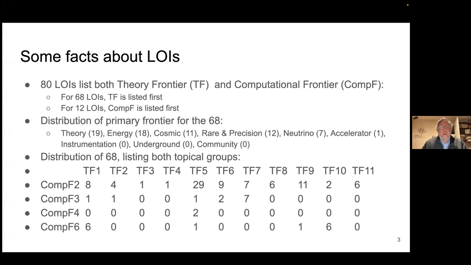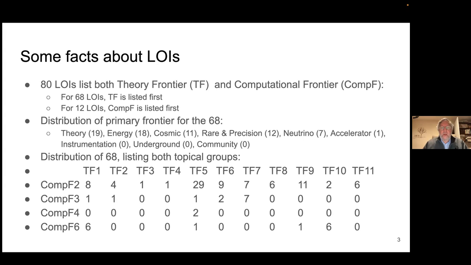So F2 is the theoretical calculations and simulations, and you see the biggest overlap there is TF5, which is lattice field theory. But there are also very substantial numbers with other groups like TF9 and TF8, TF6, etc. F3 does not have quite as much involvement.